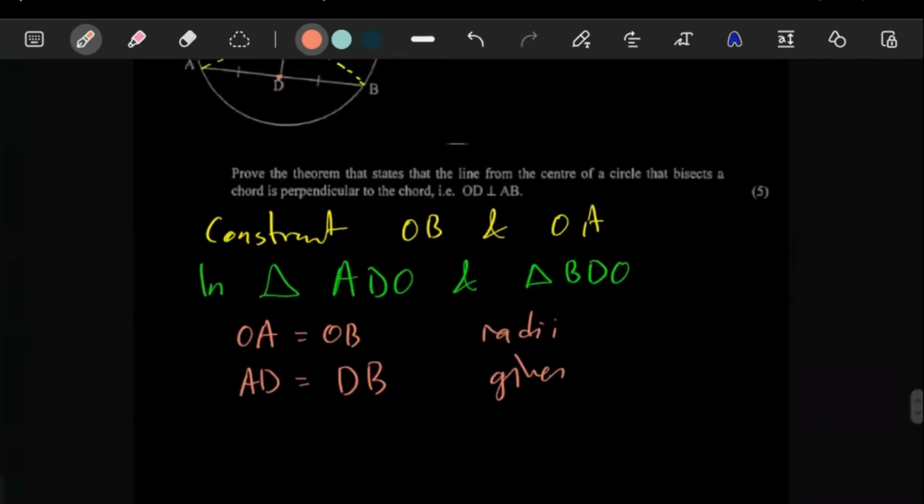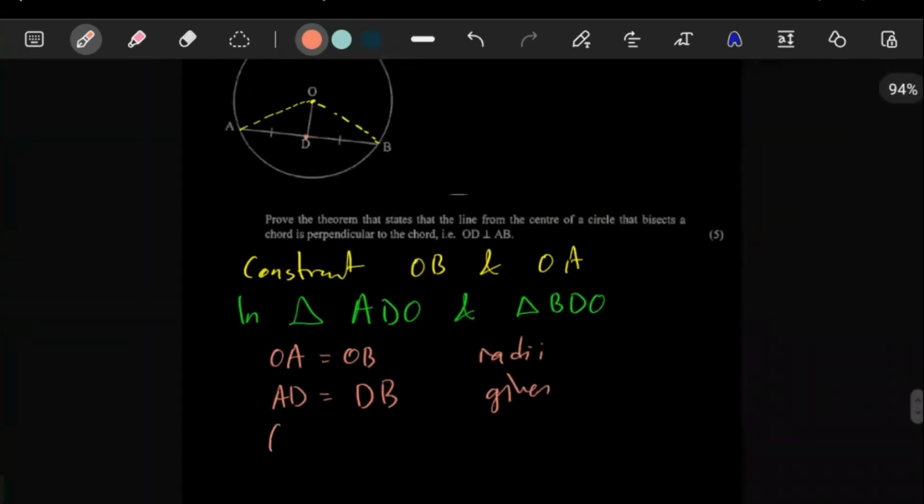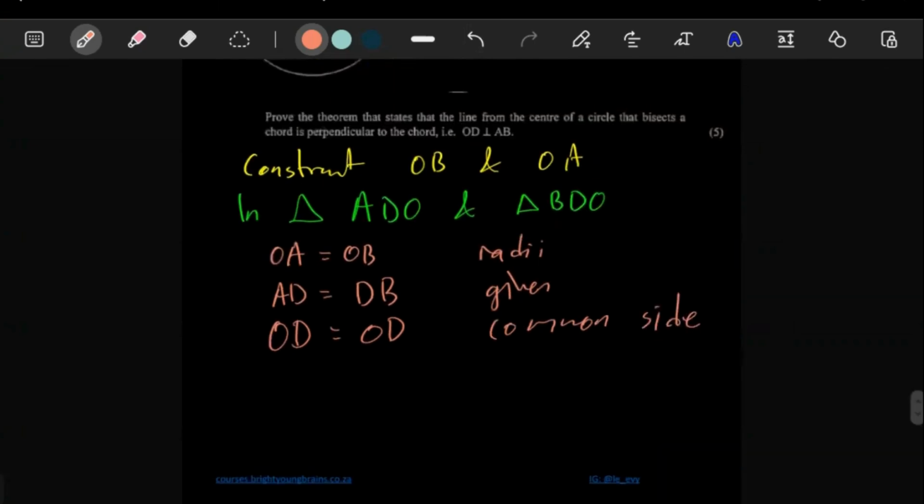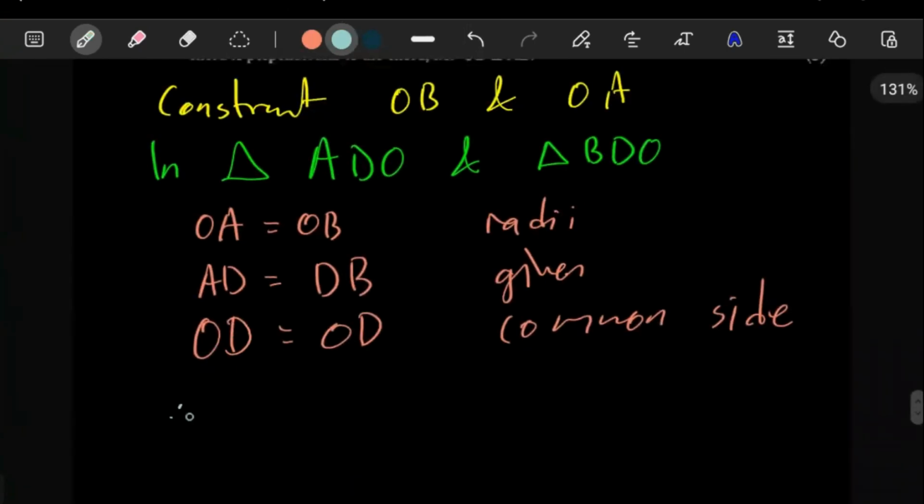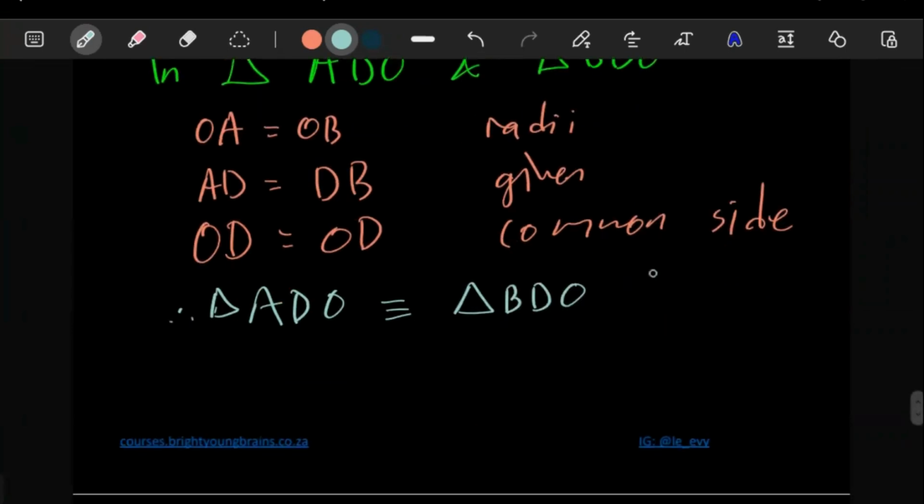And then lastly, OD is equal to OD, that's a common side. So because you have proven that all three sides are equal, you can say therefore triangle ADO is congruent to triangle BDO. The reason for that is just side.